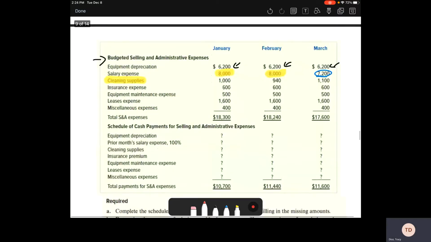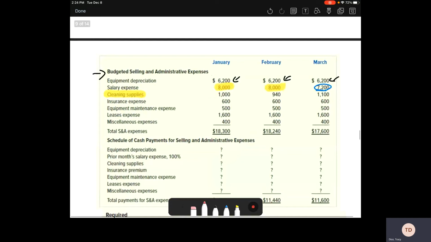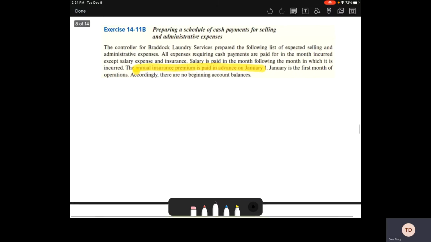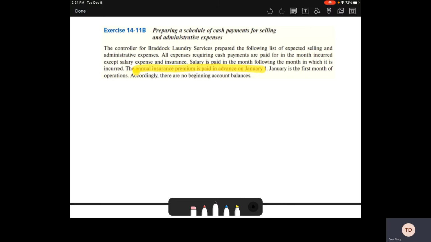All right. Insurance expense. So they show that we are expensing $600 every month for insurance expense. But they tell us that we paid the entire annual premium on January 1st.